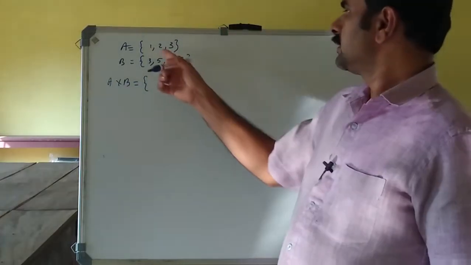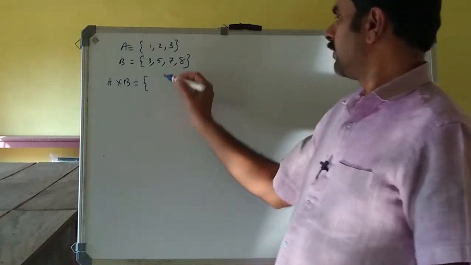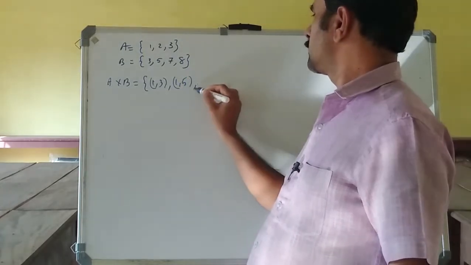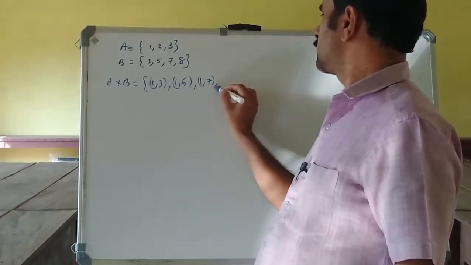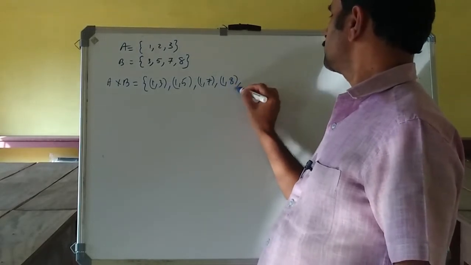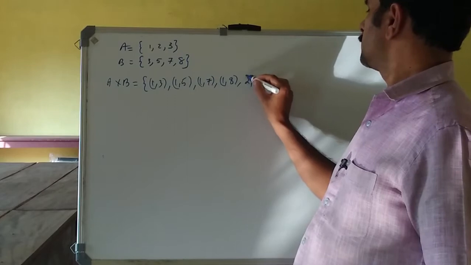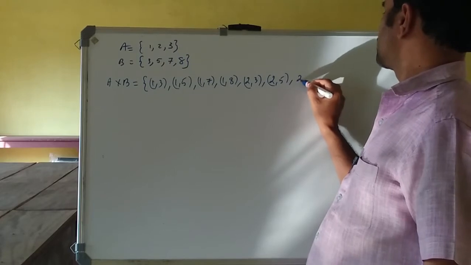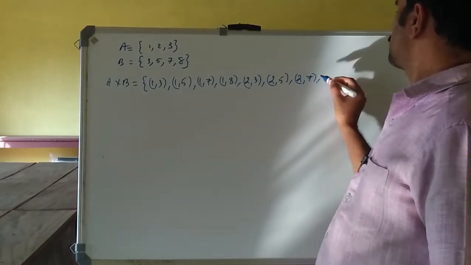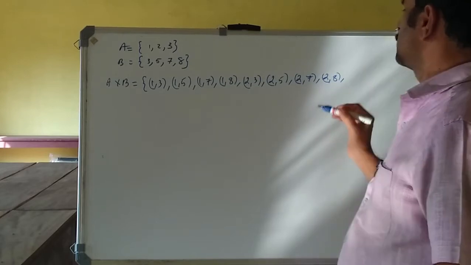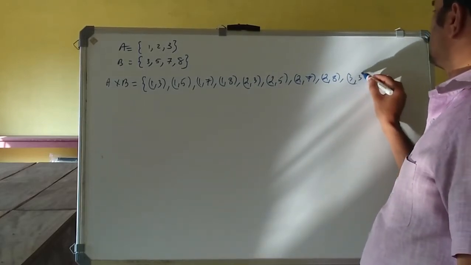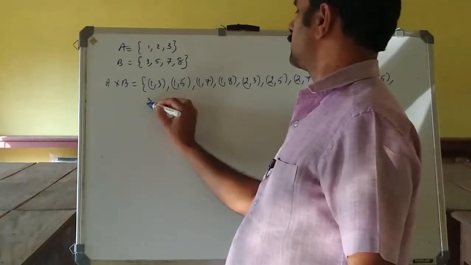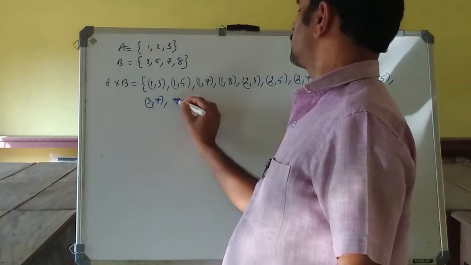How many elements will be there? 3 into 4, 12 elements. (1, 3), (1, 5), (1, 7), (1, 8), then (2, 3), (2, 5), (2, 7), (2, 8), (3, 3), (3, 5), (3, 7), and (3, 8).